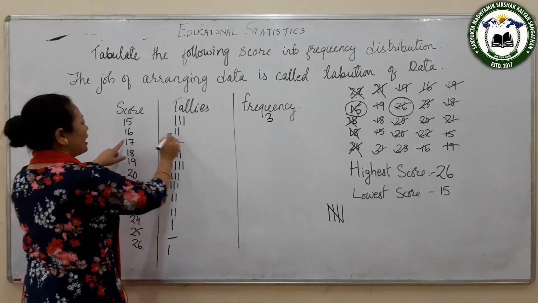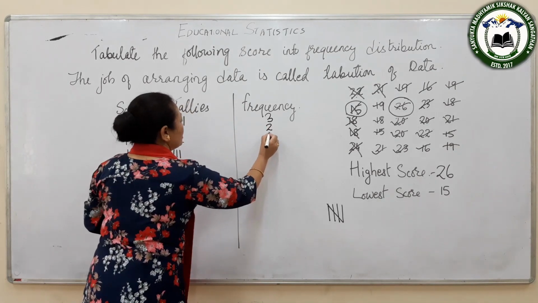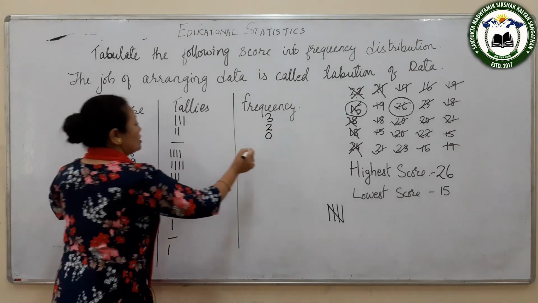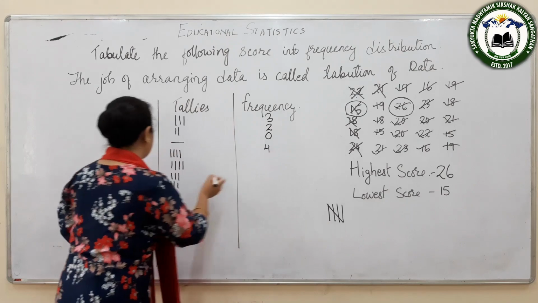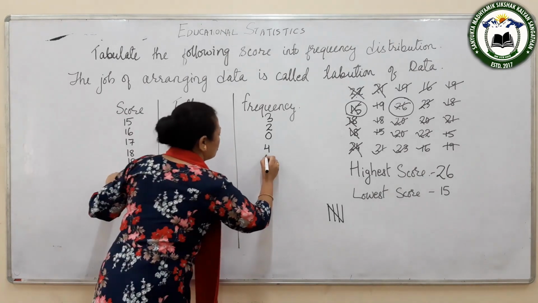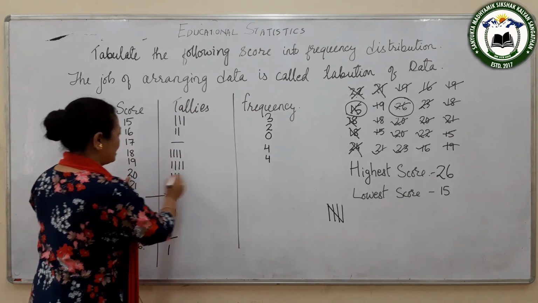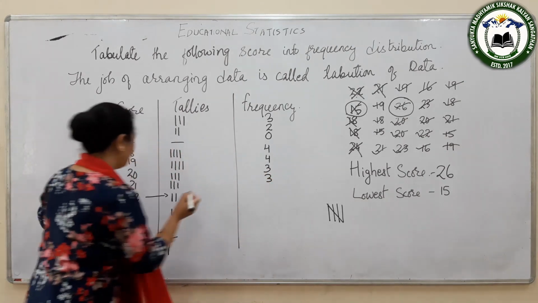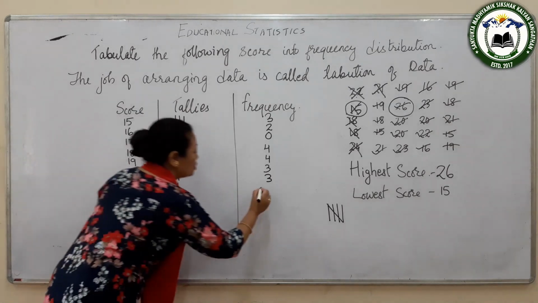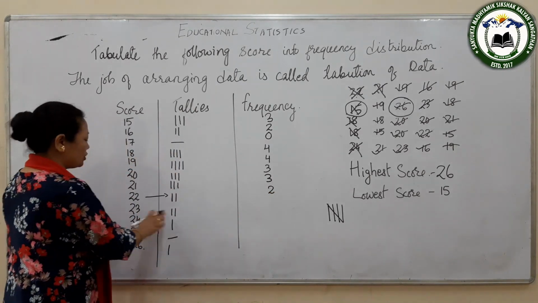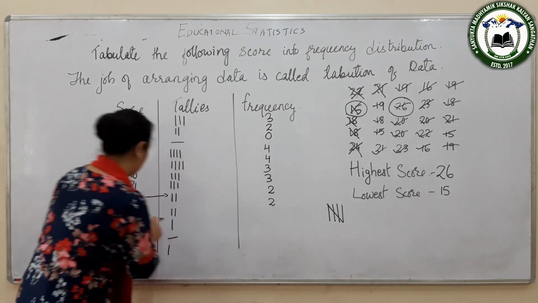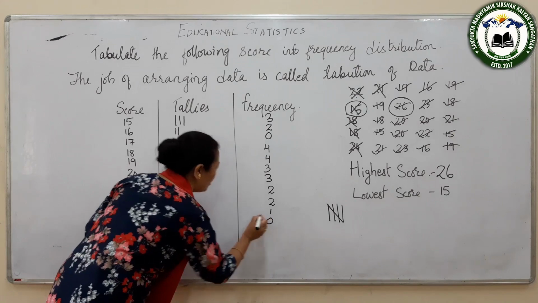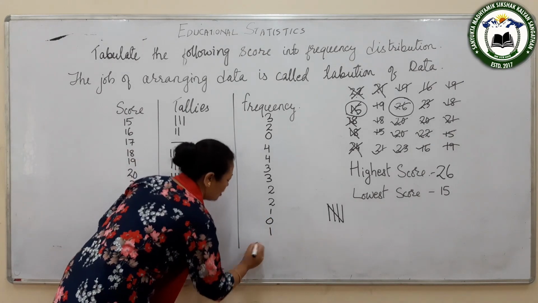In the similar way, 70 has no frequency tallies. 18 is repeated 4 times, 19 also 4 times, 20 3 times, 21 3 times, 22 2 times, 23 2 times, 24 1, 25 0 and 26 1.